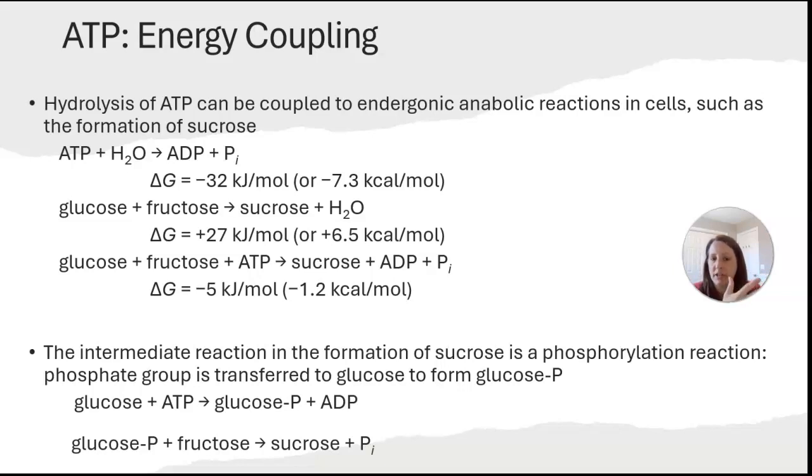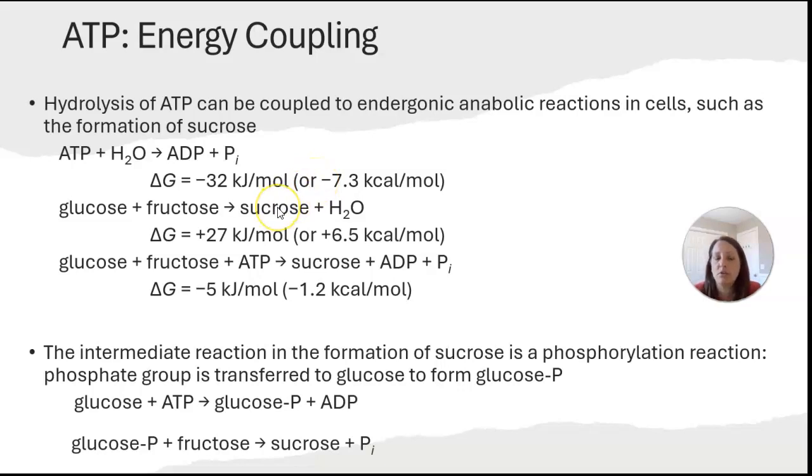And that energy that gets released, if it is negative enough, could drive a process that requires either that amount or less than that amount of energy. So this negative 7.3 kilocalories per mole represents the amount of energy that gets released during this process.